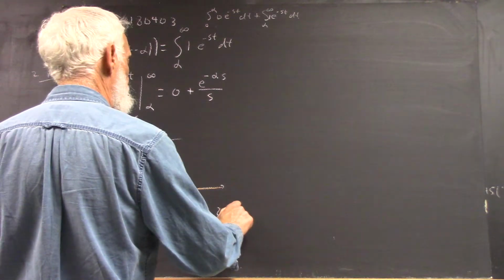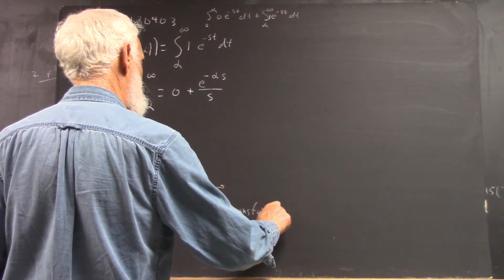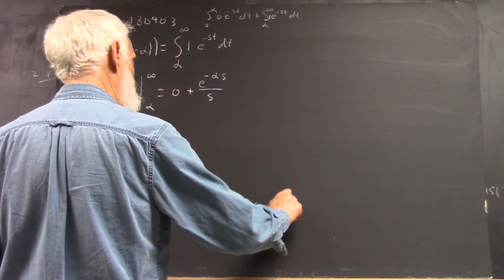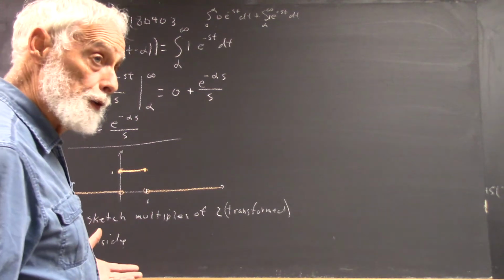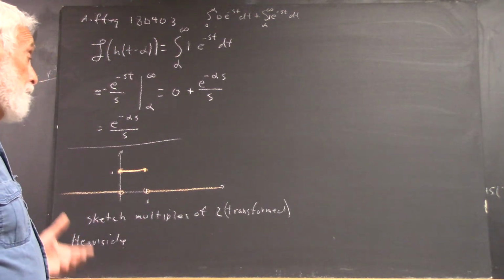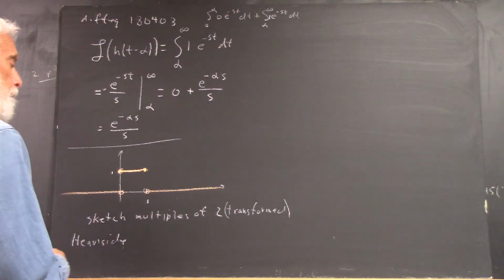of two transformed, in parentheses? You might need to transform two functions. You might be able to use the Heaviside function and just transform one function. Okay?